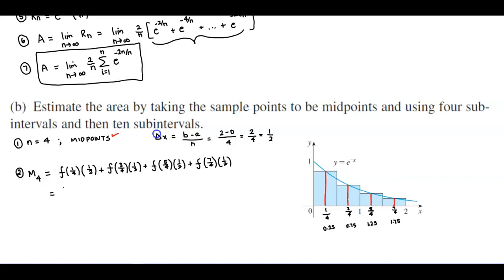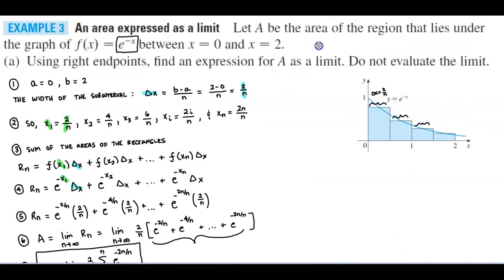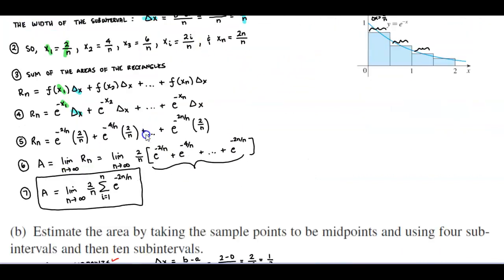So if we factor out the 1/2, then f of 1/4 is the same thing as 0.25. And remember that our function is e to the negative x.